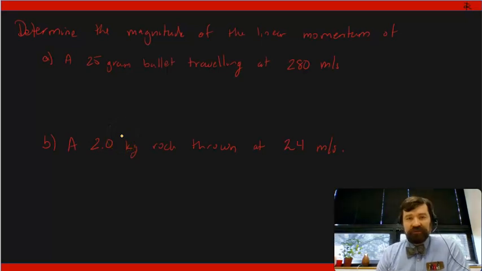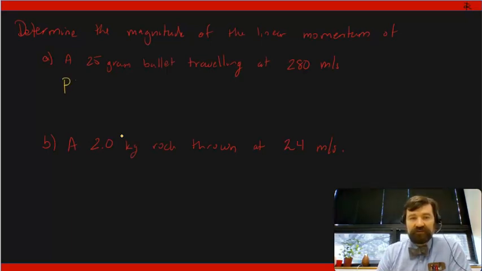In our example, we want to determine the magnitude of the linear momentum of two objects. One is a bullet and the other is a rock. The bullet is 25 grams traveling at 280 meters per second. Magnitude, remember, is just taking the magnitude of the two quantities m and v that are present in the definition for momentum.